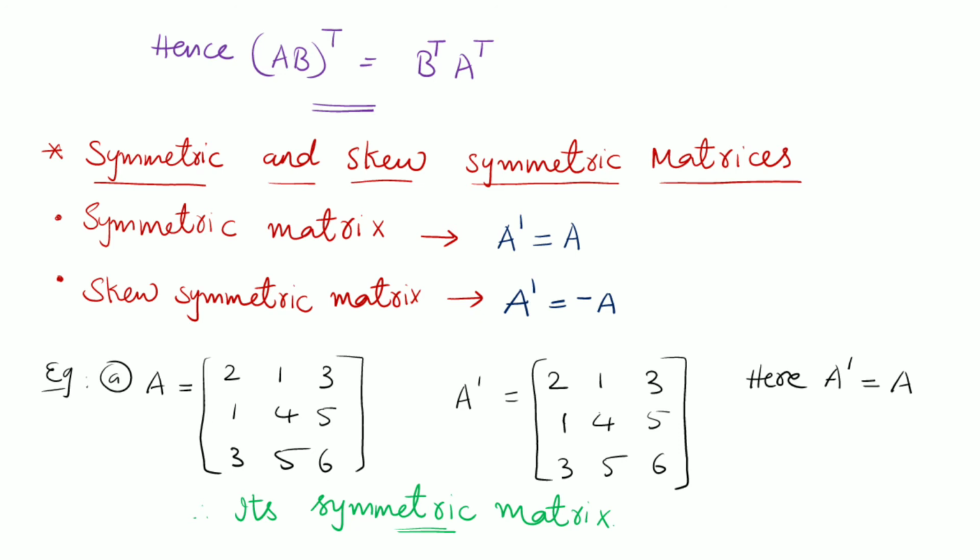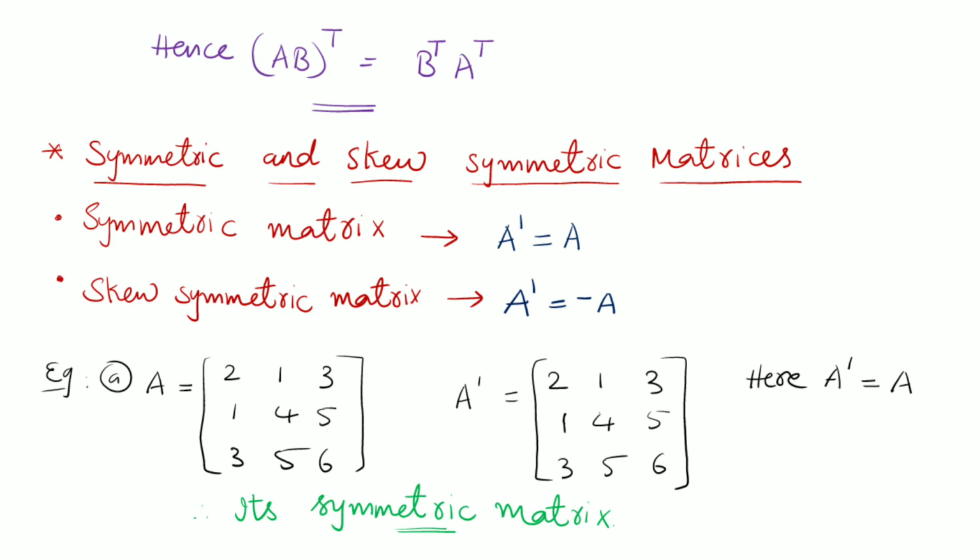So here I have the matrix A as 2 1 3, 1 4 5 and 3 5 6. So you have to find A transpose. I think by now you know how to find A transpose. A row is changed to column: 2 1 3. This row is changed to this column 2 1 3. 1 4 5, 1 4 5. 3 5 6 is changed to third column 3 5 6.